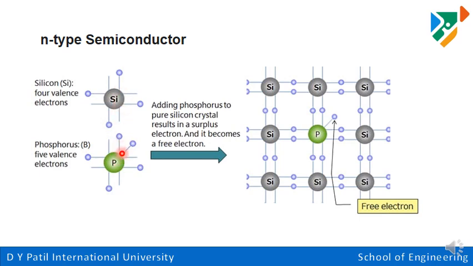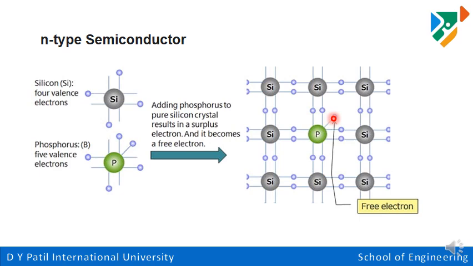Four valence electrons of the phosphorus atom form 4 covalent bonds with the silicon crystal. Phosphorus has 5 valence electrons, while silicon has 4, so it will make the bond between these. Out of the 5, one will remain as it is.